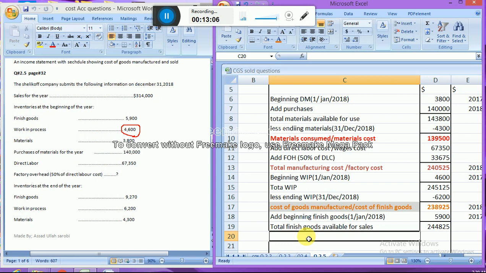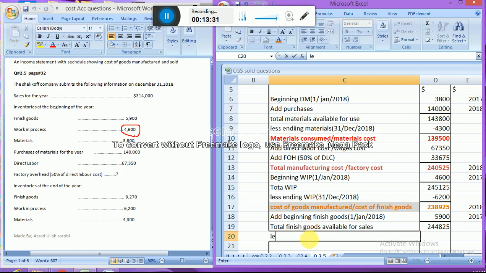So what will we do now? We will subtract those remaining finished goods which are unsold. Why? Their cost is recorded here in 2018, but they will be sold by the business in 2019. So their revenue will be generated in 2019. That's why their cost will also be subtracted from 2018.